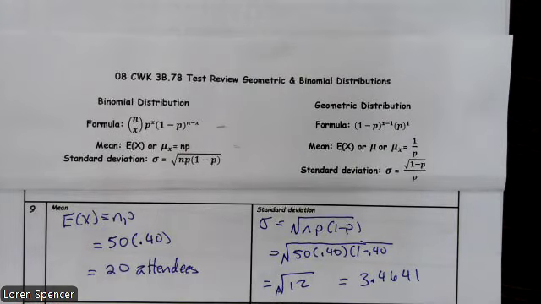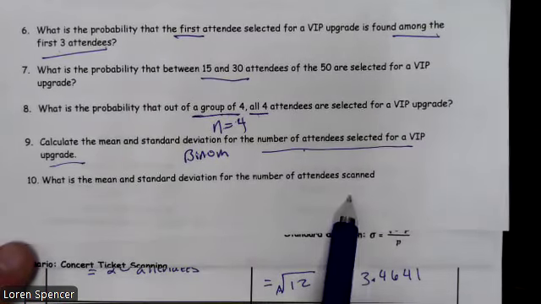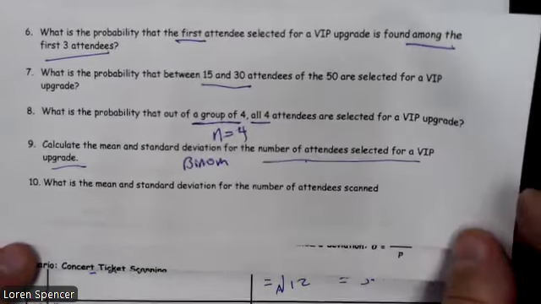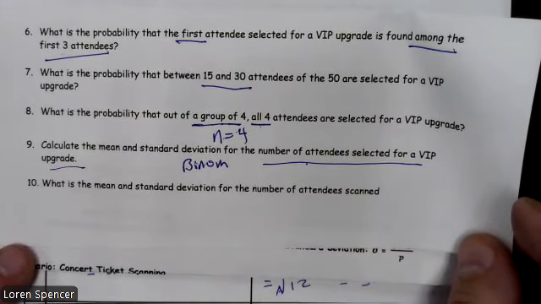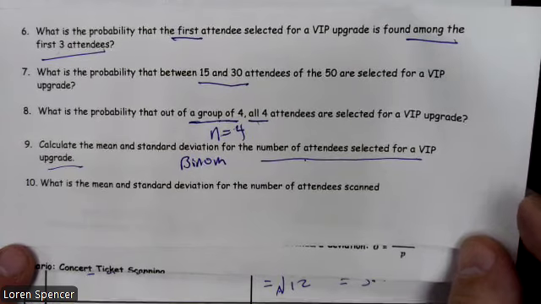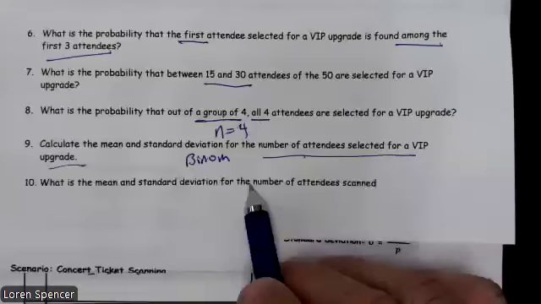All right. Last question. What's the mean and standard deviation for the number of attendees scanned? This is supposed to be a question about the first.